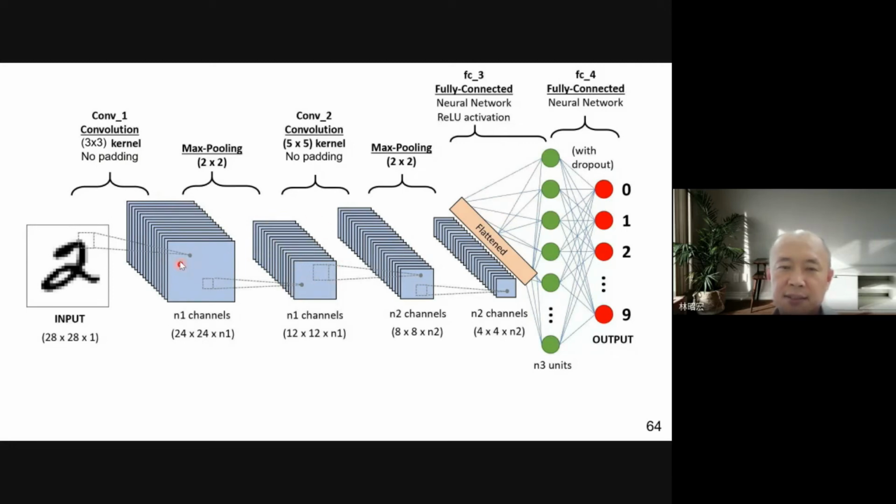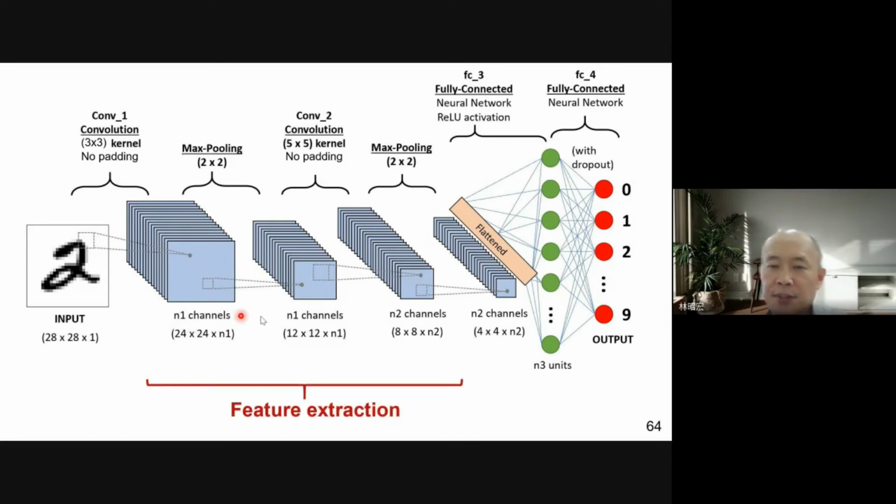So the image size decreased from 24 by 24 to 12 by 12. Then another convolution layer, another pooling. Then flattening to be a one-dimensional tensor. The dense layer is the output layer. It is the standard structure of the CNN.